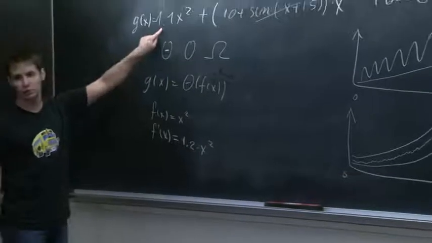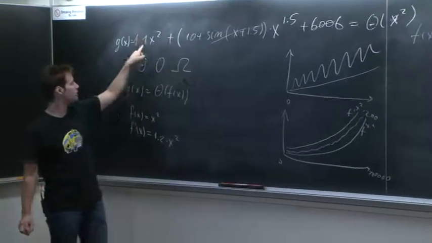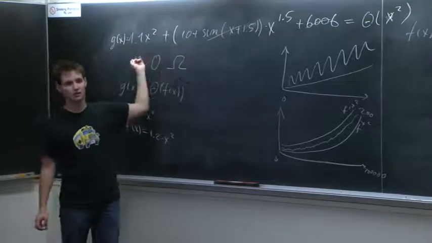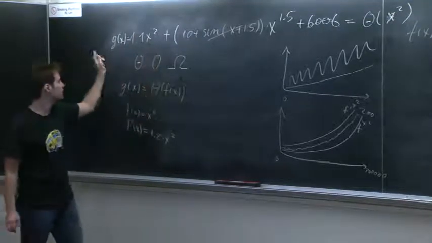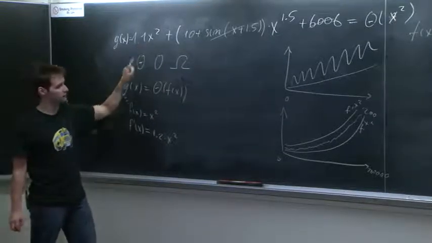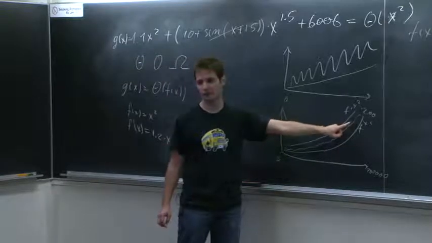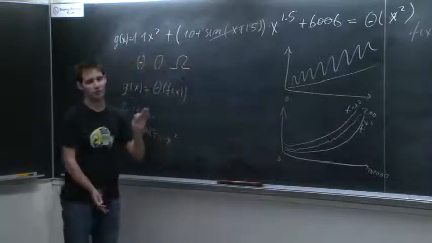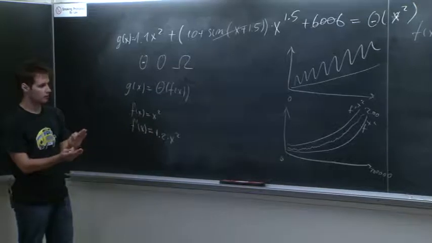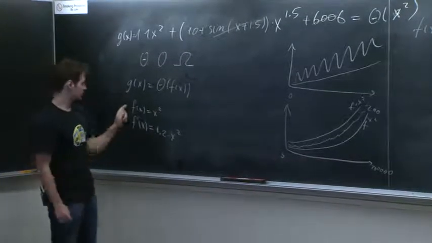And because I have a 1.1 here, and I know that these get smaller and smaller in relation to this as the inputs to the function get bigger, I know that this is going to be the dominating factor. And because this is bigger, this function is going to eventually be larger than this function. So I have a bound from above, and I have a bound from below. And the bounds look almost the same. They're only different by a constant factor. This is theta.